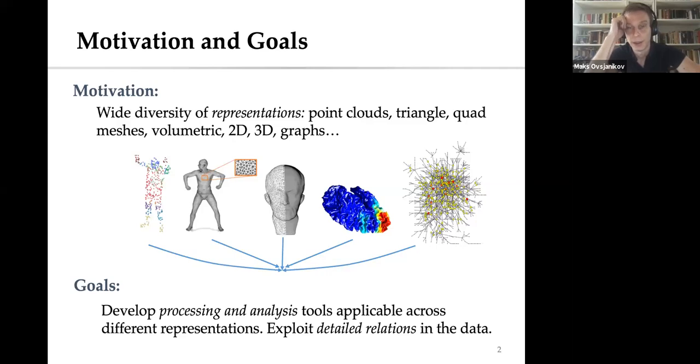Traditionally, the geometric data analysis community has had many sub-communities that each deal with a particular kind of representation and develop their own tools. A lot of my goals are to develop tools that are applicable across different data representations. The second goal, which is related, is to exploit detailed relations in the data. I'll describe what I mean in just a second.